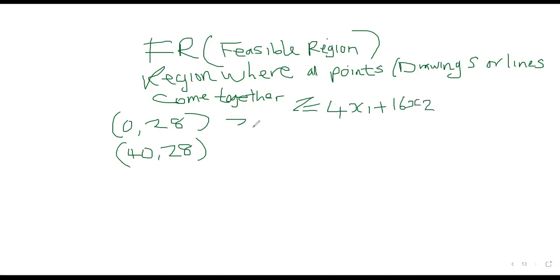So our Z here is actually going to be 4 times 0, plus 16 times 28.